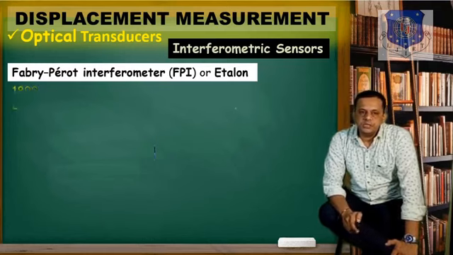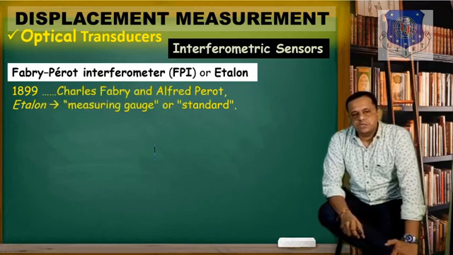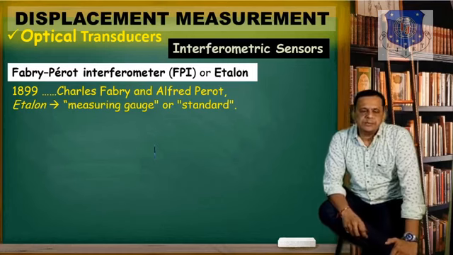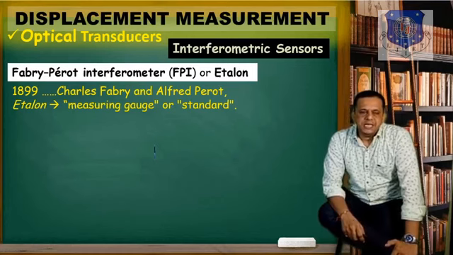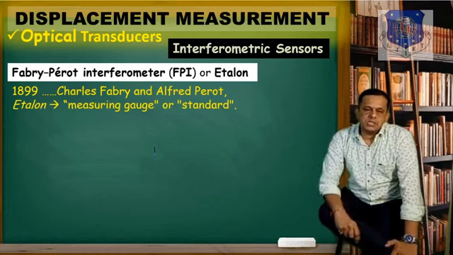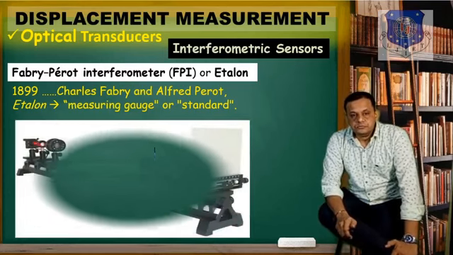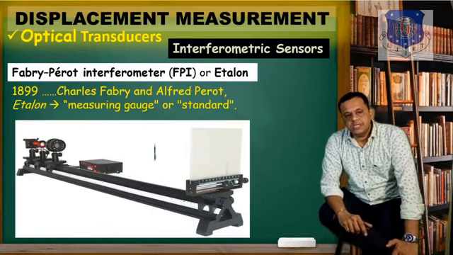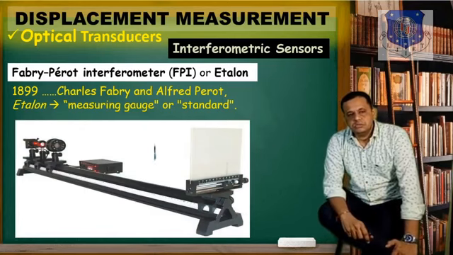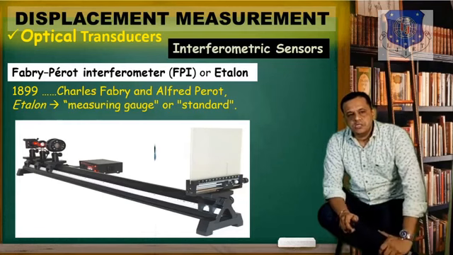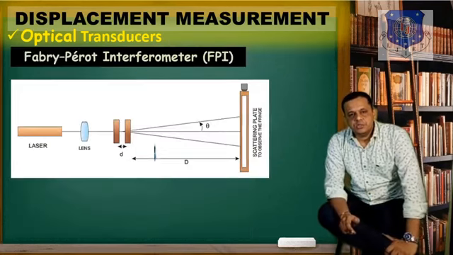The Fabry-Perot interferometer was invented in 1899 by Charles Fabry and Alfred Perot. And etalon comes from the French language, meaning measuring gauge or measuring standard. Here I show you one specimen of the device. It looks very complex, so we will be looking into the basic theory of this.